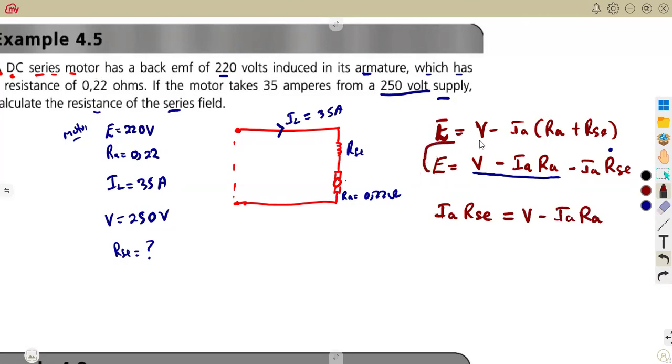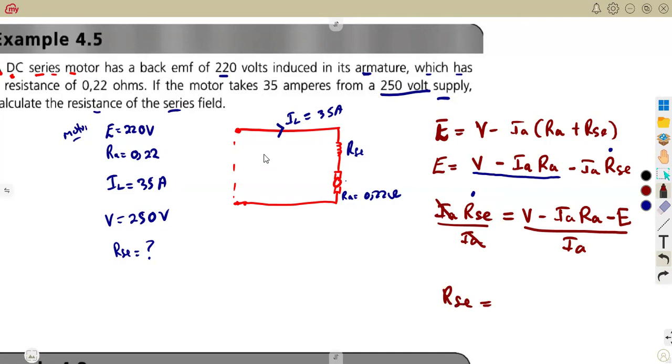Then we take the E to the other side. The moment it crosses the equal sign, it will be a negative there. So that's where we are, and we need this. So what are we going to do? Simply divide by what? Armature current. So by dividing by the armature current both sides like this, you are left with what? The resistance of what? Of the series field.